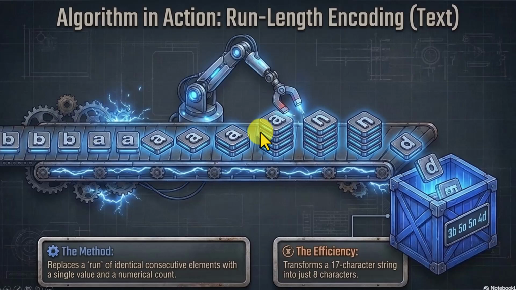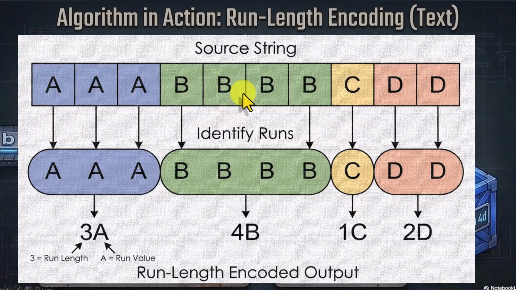Another example: we have 3 A's, 5 B's, 1 C, and 2 D's. We store that as 3A, 5B, 1C, and 2D, so the number of characters is reduced. That is run-length encoding with text.